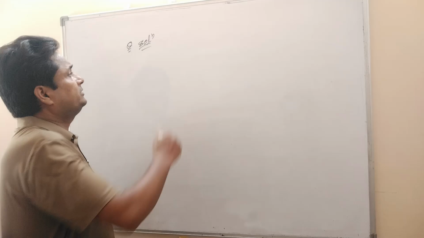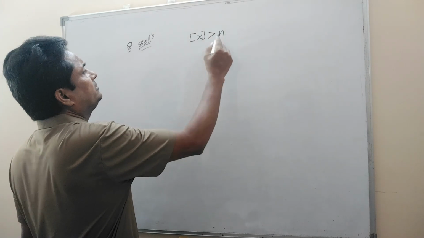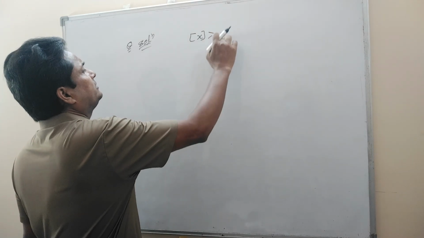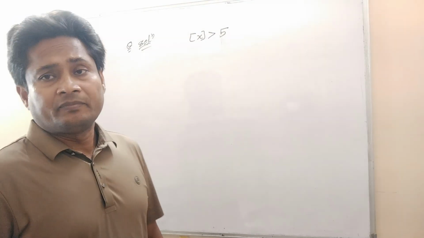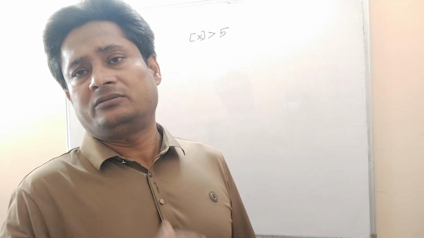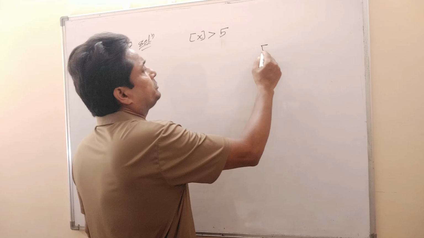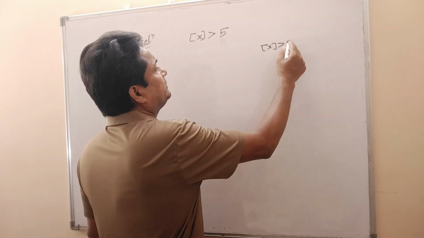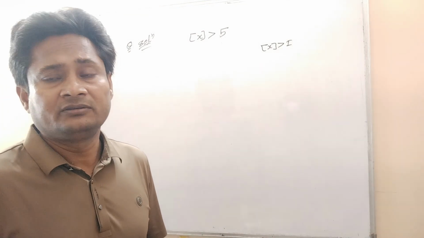Now next, let's say greatest integer of x is greater than 5. What will be your solution? I am just doing very basic questions based on those properties. So I told you this property, greatest integer of x greater than I, and what will be your solution of this?